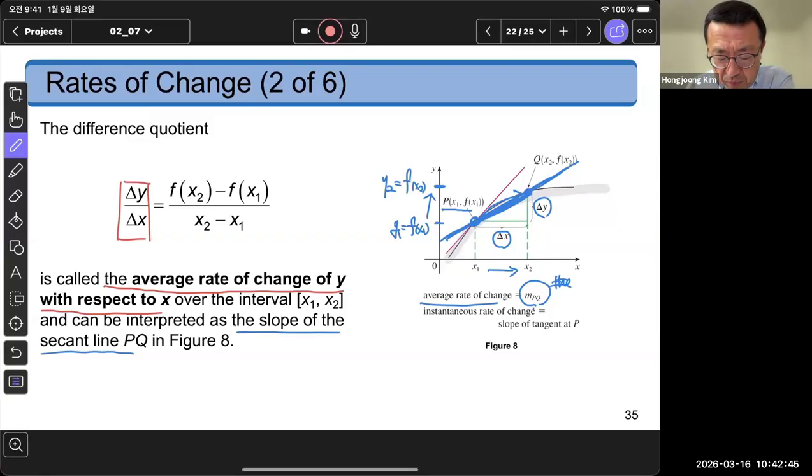Okay, so this is the slope of the secant line. Okay, so that slope of the secant line will be, from now on, called the average rate of change of y with respect to x over some interval from x1 to x2. So that's what people in engineering or economics prefer. Okay.